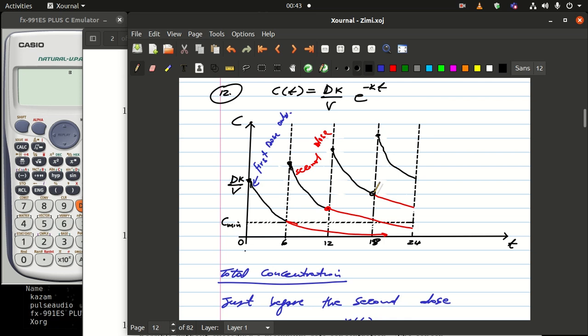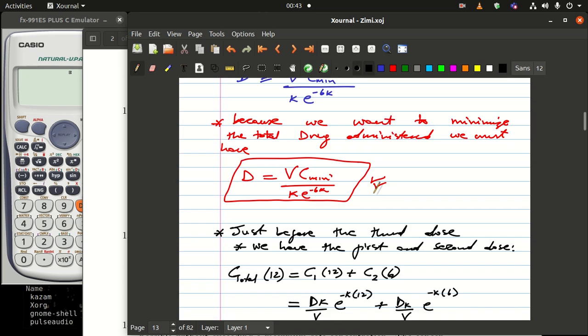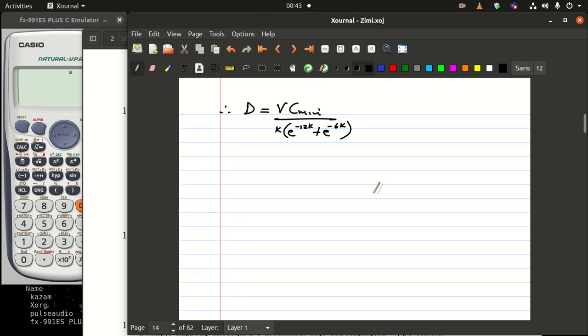So if you look at the concentration, of course you will notice that actually C total just before the third dose.